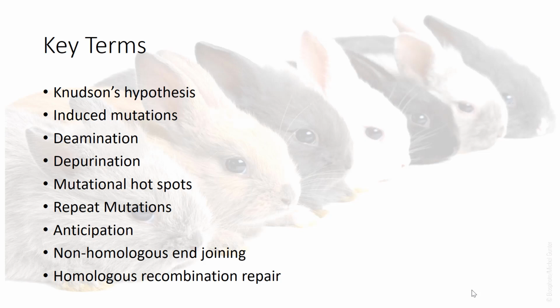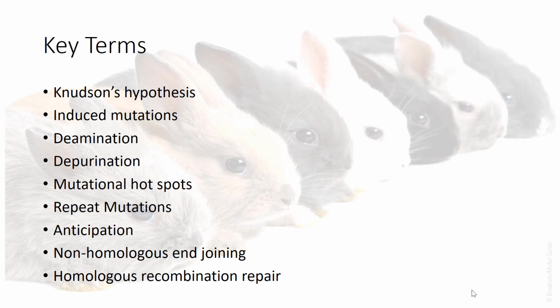Homologous recombination repair is another way in which you can fix double-stranded breaks, fix these blunt ends, and it requires reading the homologous sequence on either the sister chromatid if you're in G2, or reading the homologous chromosome and using that to actually write the portions of DNA that are missing.